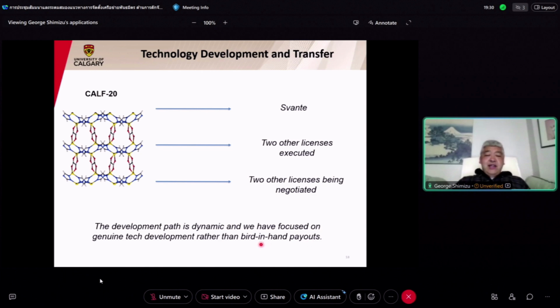And what I mean by that, I could probably have granted 3 other licenses to CAF 20 if I wanted to. But the partners did not have an understanding of what was needed to develop CAF 20.